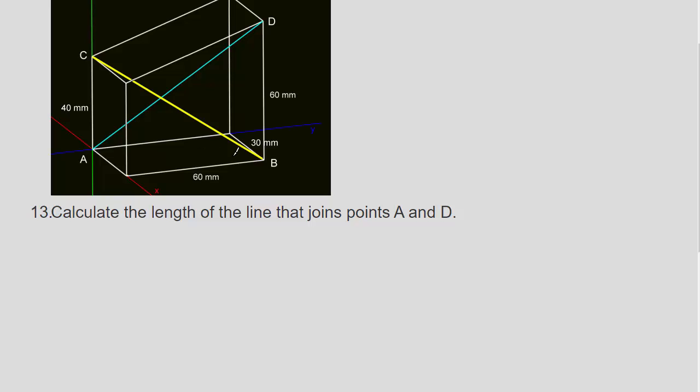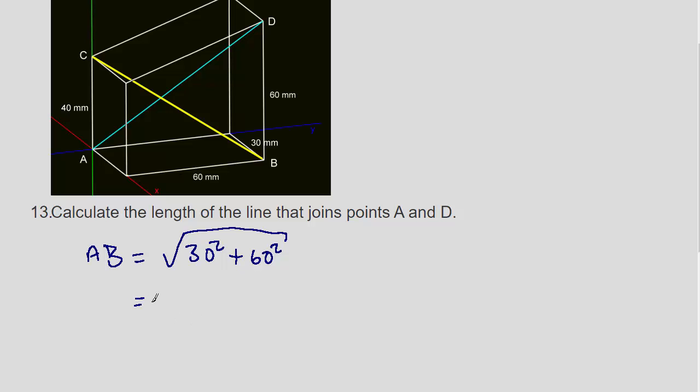So to calculate the distance between A and B is equal to the square root of 30 squared, which is this distance here, plus 60 squared, which is this distance here.